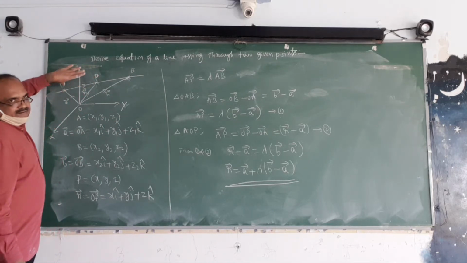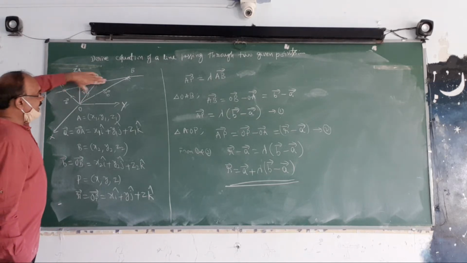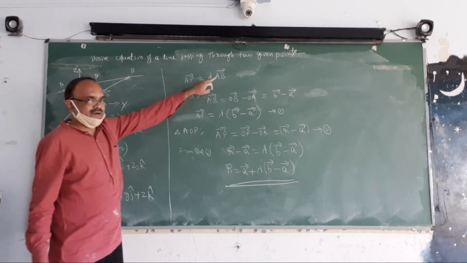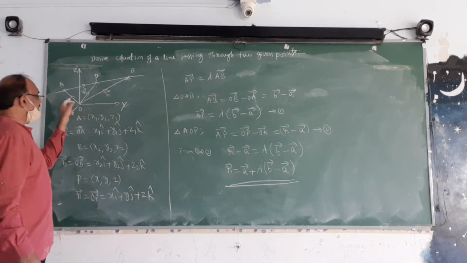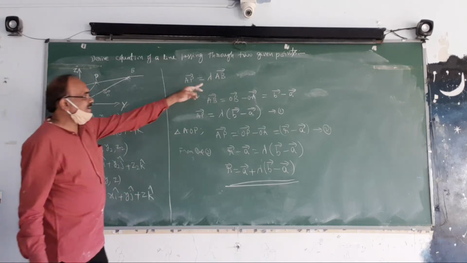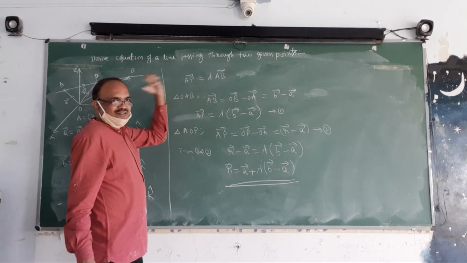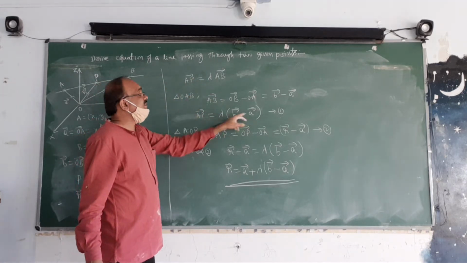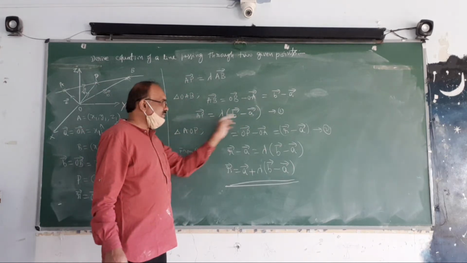You can express AP as lambda times vector AB. Then vector AB you can express as B minus A, or simply write vector AB is vector B minus vector A. So you get one equation.